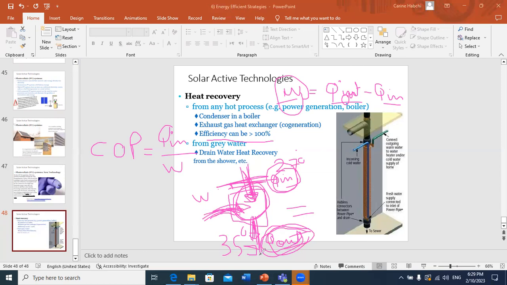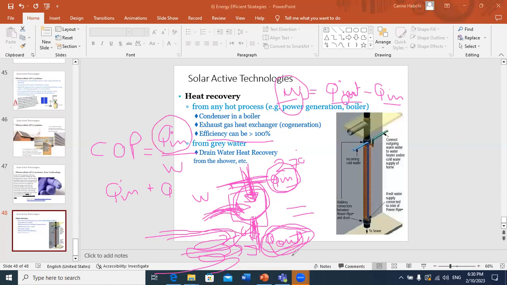So let's say this heat is used by circulating a heat exchanger. The exhaust air can pass through a heat exchanger, and heat can then be transferred to a circulating fluid that can be used for any heating application. Then the COP, instead of being just Qin, will be Qin plus Qout.